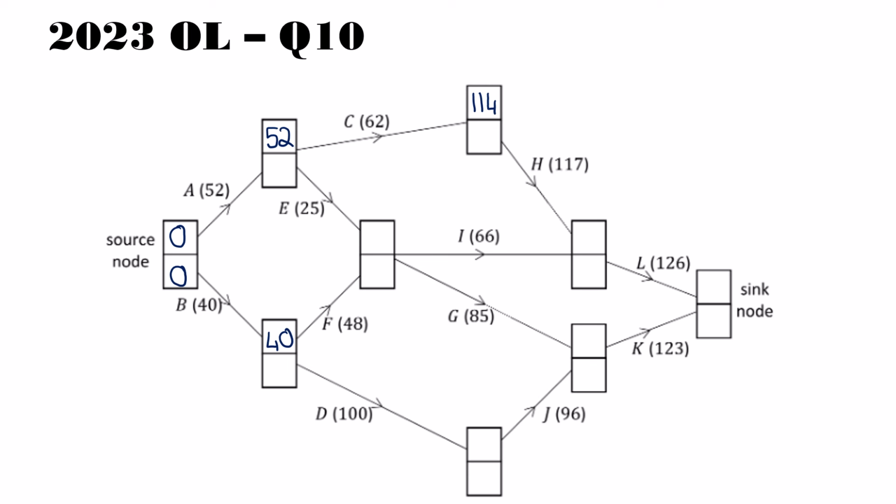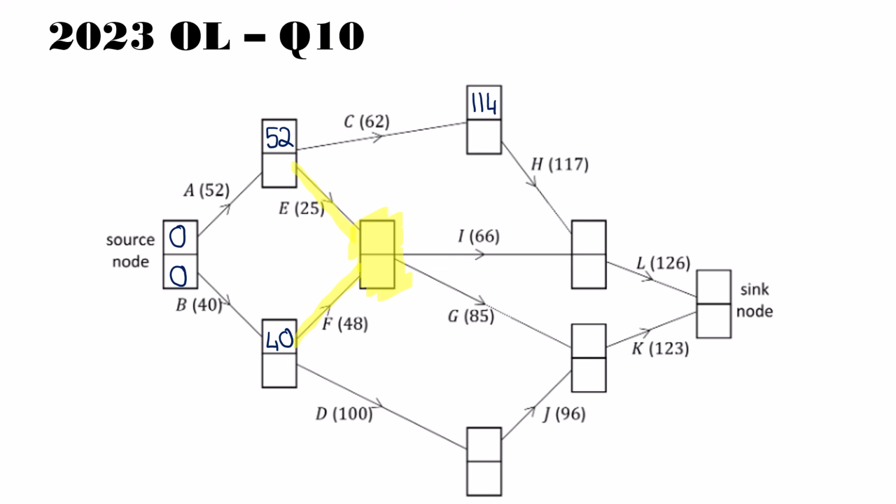Now, this node here is interesting. The timing here we have to be careful with because there are two activities that feed into it. We have E and we have F. So we need to look at both of those times and decide which one we're going to take. If we go with activity E, that will give us 77 and the other one will give us 88.